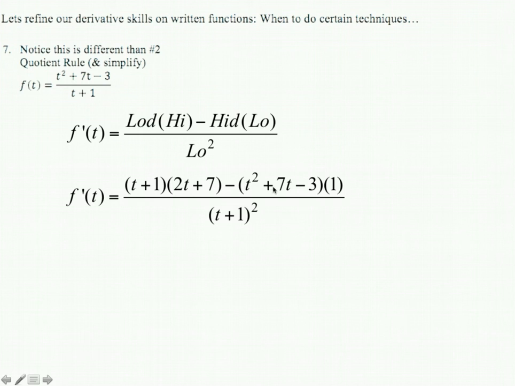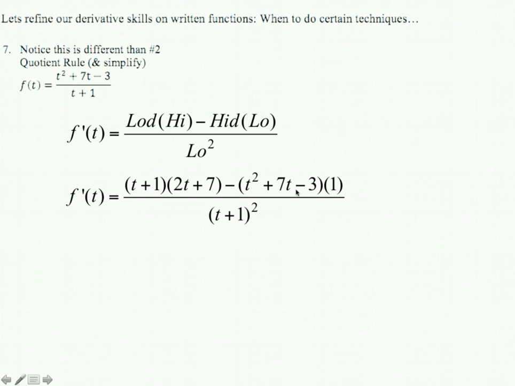So we've got t squared plus 7t minus 3. Derivative of the low is 1. And then it's over low squared, so it's over t plus 1 quantity squared. Notice I just leave this as t plus 1 quantity squared throughout this entire solution. I don't simplify this, I don't FOIL it out. In multiple choice questions, this will never be simplified unless we can factor out a t plus 1 up here.